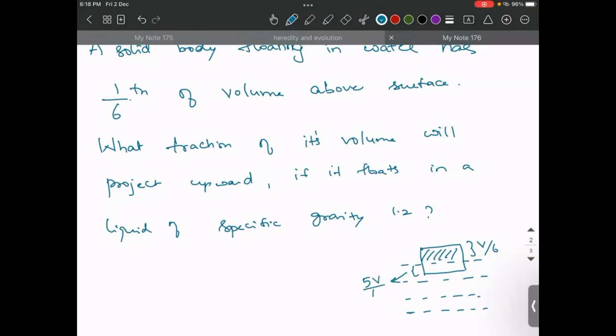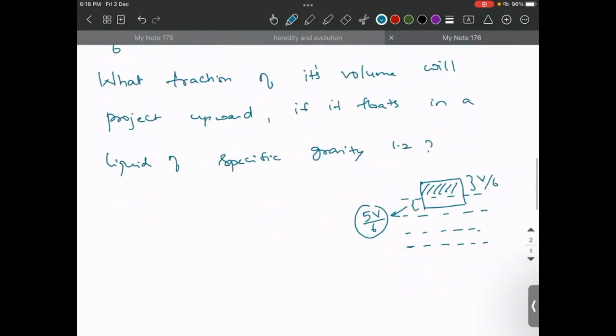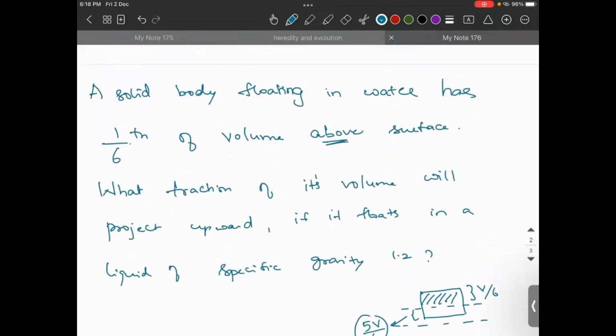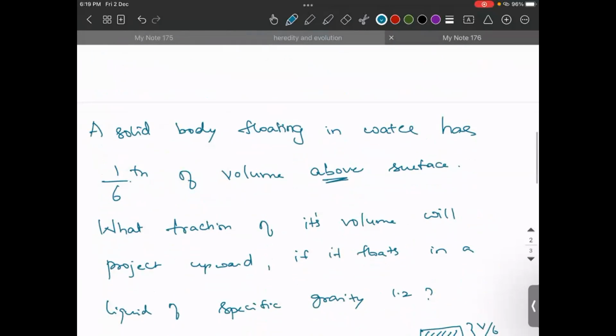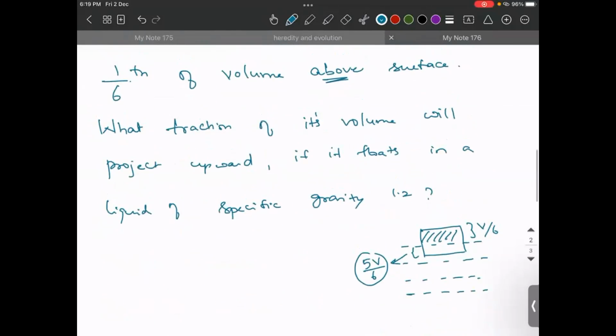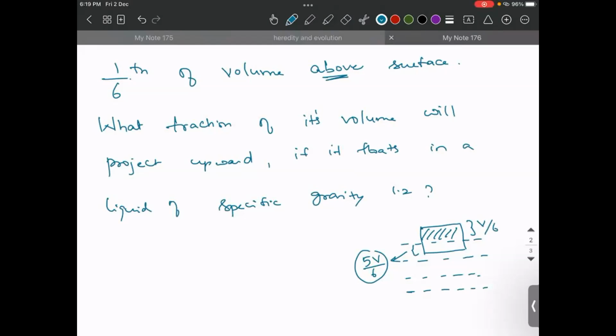Is it not 5V divided by 6? Yes or no? So that's what they told, no? V/6 of the volume lies above the surface. Now, what is the fraction that is above the surface is what they're asking. Means I need to calculate the volume of the immersed portion to the volume of the solid itself. How much will the answer be? Or how do I even approach?